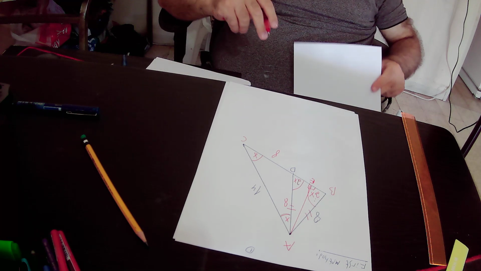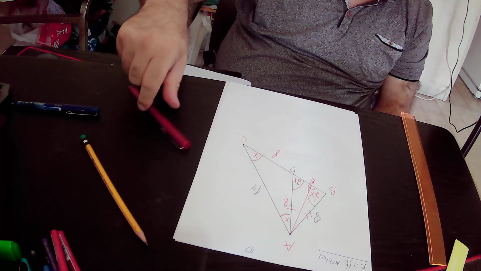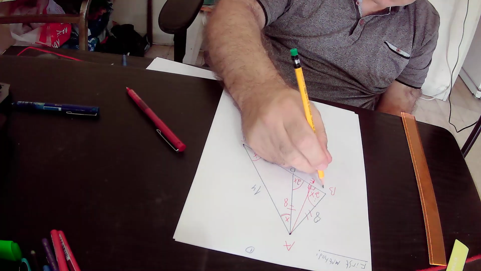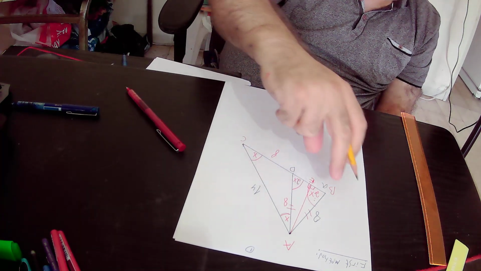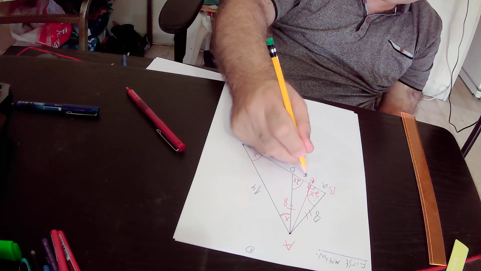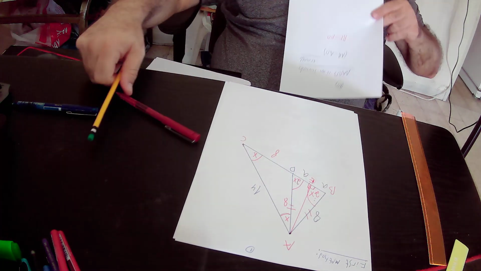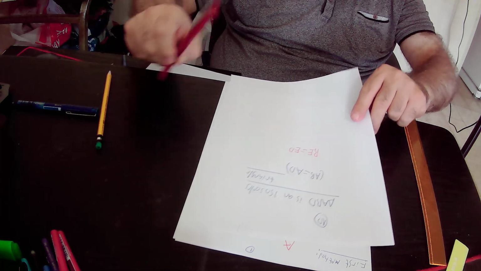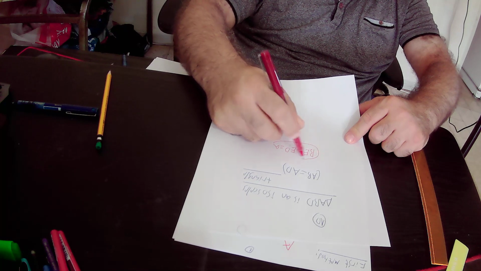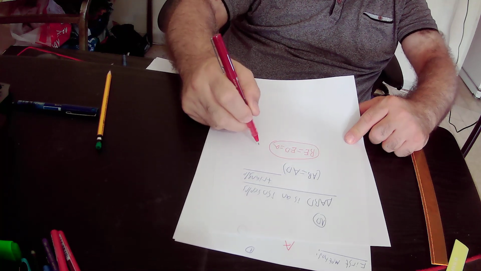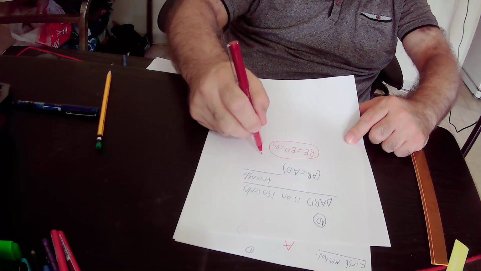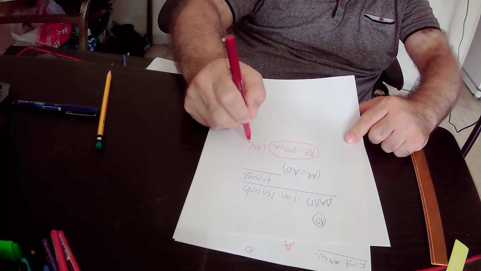Okay, and if we define BE as A, we know that BE equals ED, so ED also will be equal to A. So BE equals ED equals A. So we deduce this equality, BE equals ED, according to rule number 3.